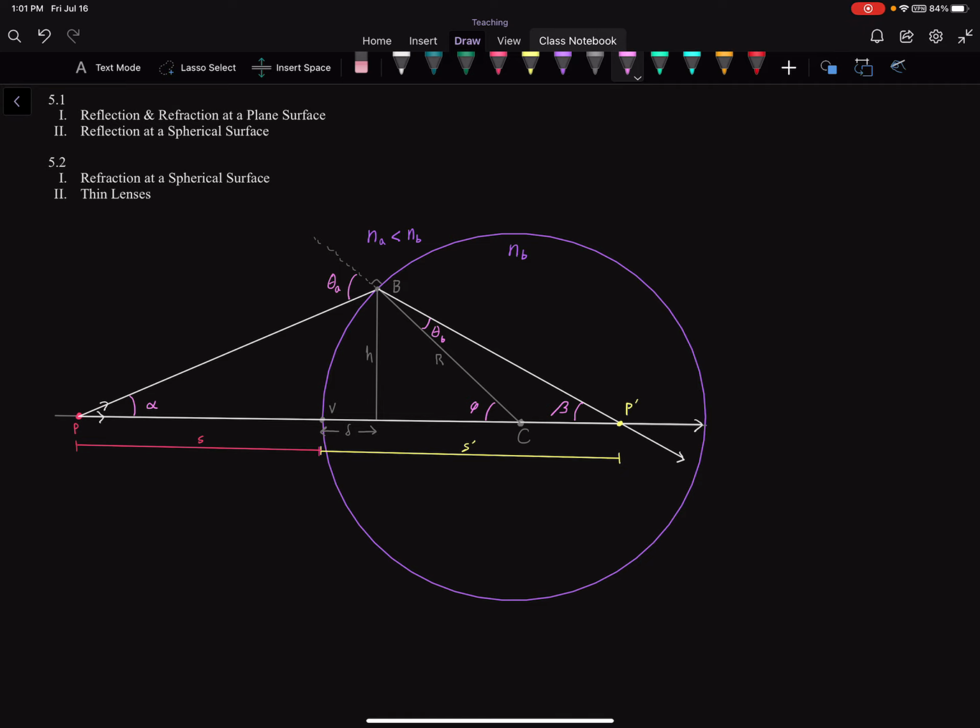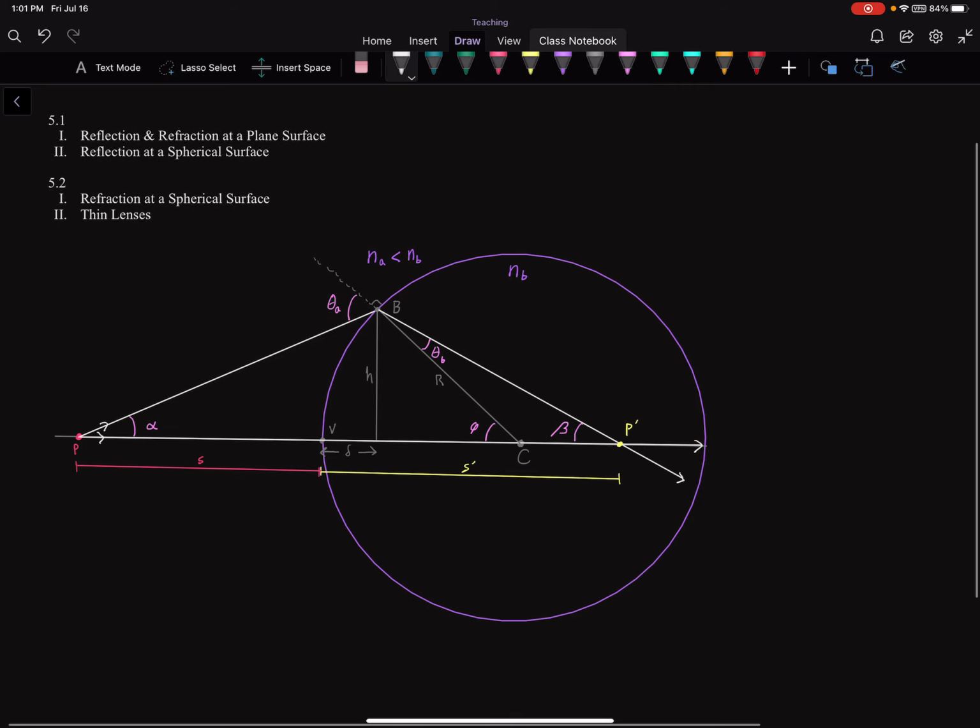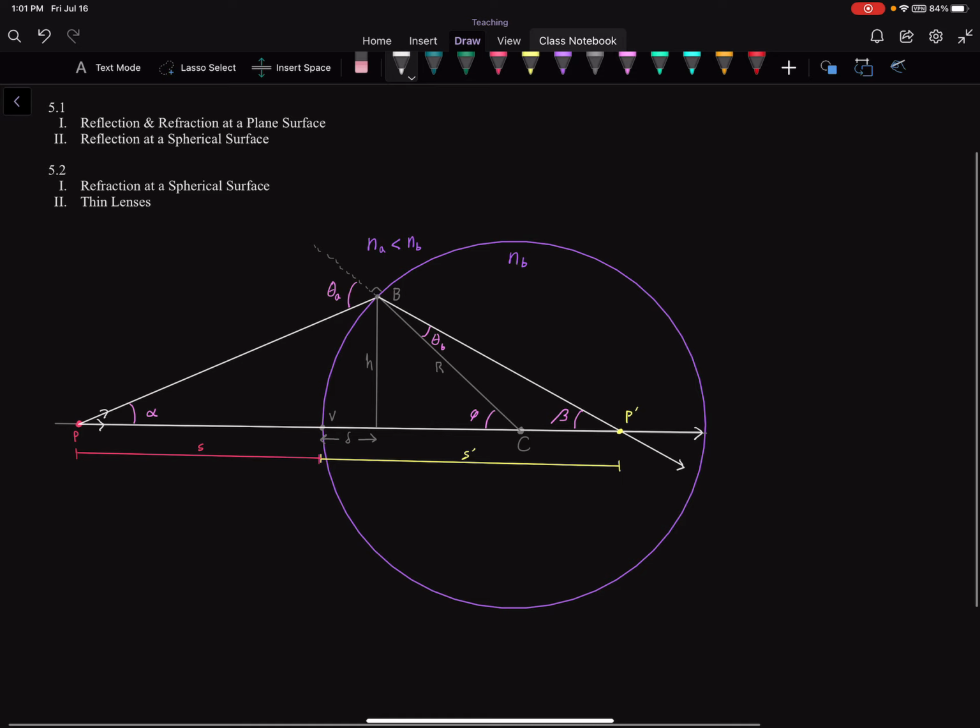All right, and the last thing I'll add to this picture is we're going to have to consider some sign rules, right, to see what's positive, what's negative. So I'm just going to write this in here explicitly. This is incoming because it is yet to hit the refracting surface. And this is incoming.